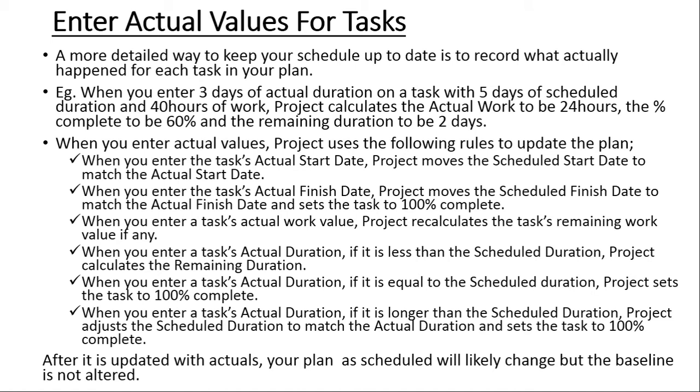Next, when you enter the actual work value, project recalculates the remaining work on the task, if any. Just like in the previous example, we said we have worked for 3 days, so it calculates that the actual work is 24 hours, and then it also calculates what is the remaining work, which was 16 hours in our example.